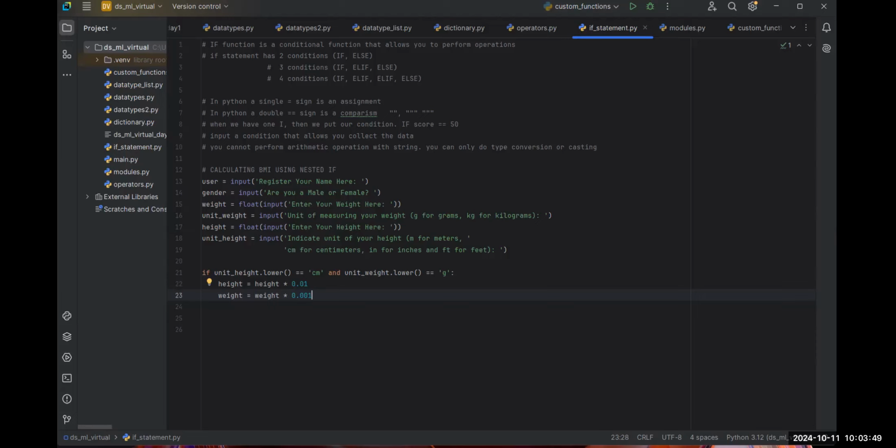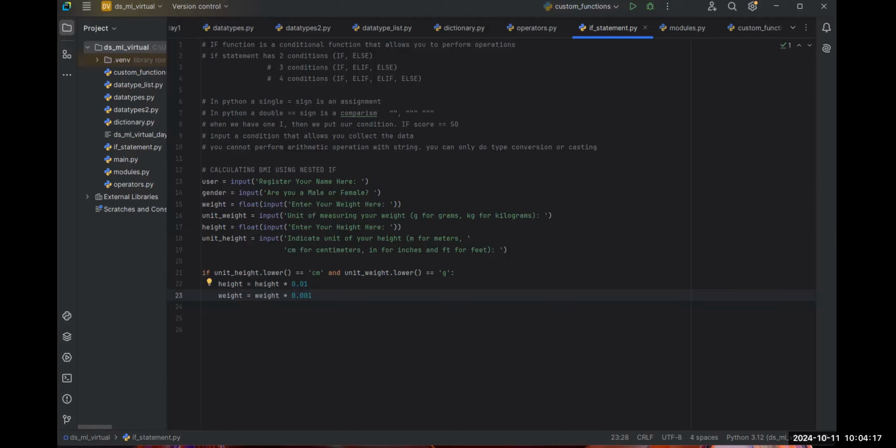And if a user inputs their height in cm, let's assume they input 180 centimeters, it will now be 0.01 multiplied by 180 centimeters, and that would give you 1.80 meters.